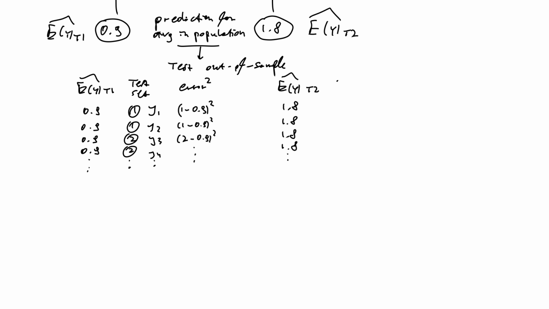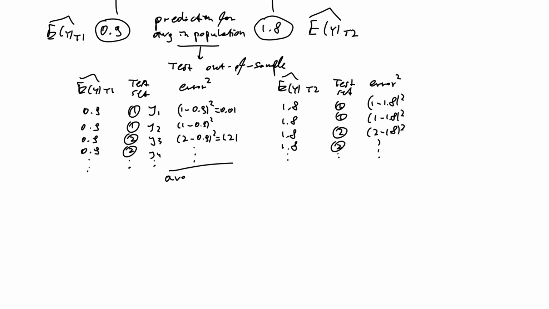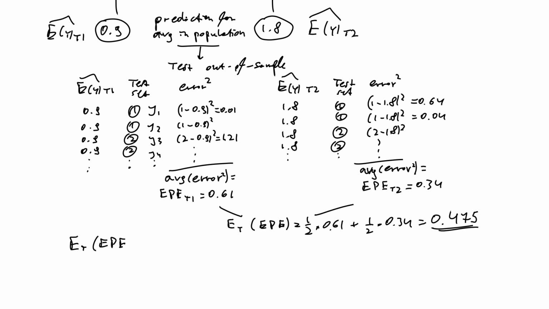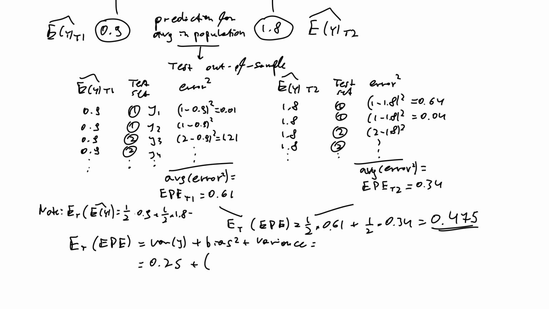From training set 1 the expected prediction error is 0.61, and from training set 2 it is 0.34. On average it is 0.475, which is less than 0.5. Let's decompose again the expectation of the expected prediction error. Note that the expected prediction for the mean is 1.35, which is different from 1.5.